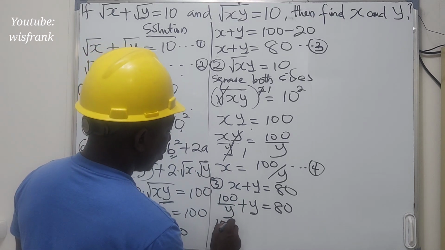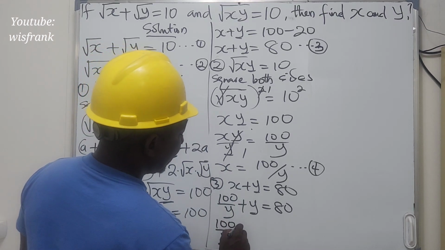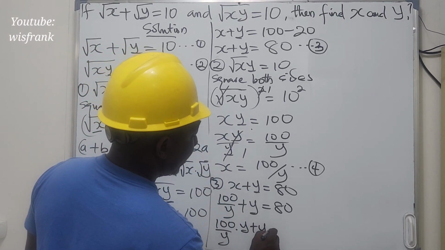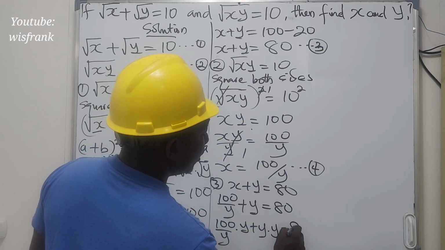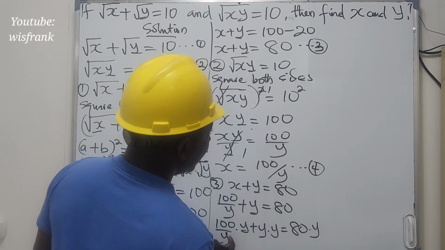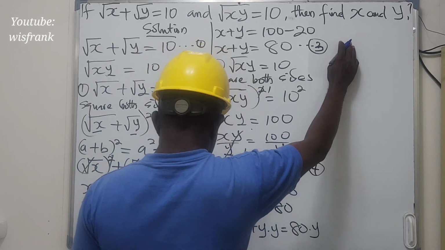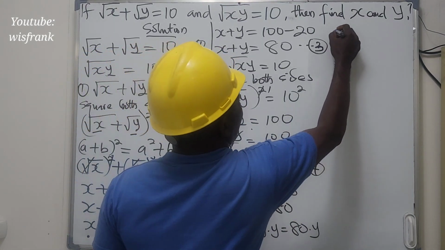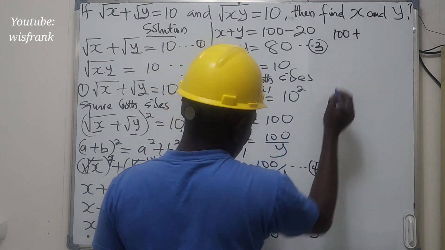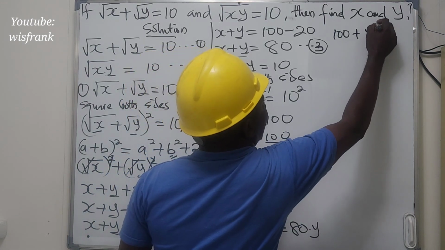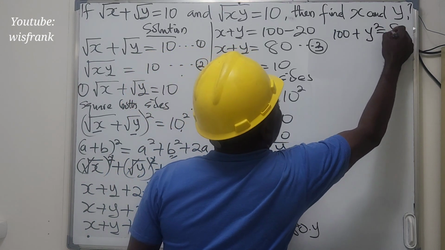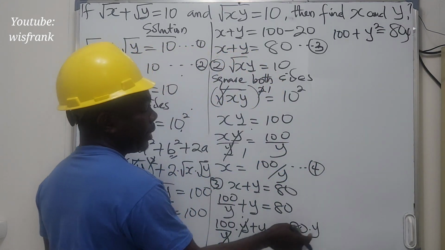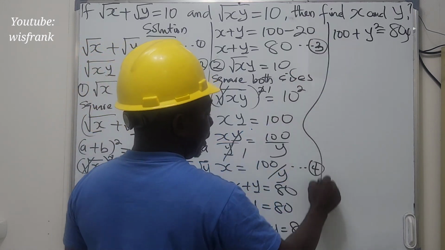So this will become 100 all over y times y plus y times y equals 80 times y. y will cancel here and y will cancel here. We are now left with 100 plus y to the power of 2 equals 80y, because 80 times y will give us 80y.